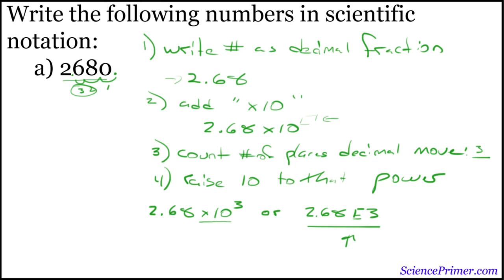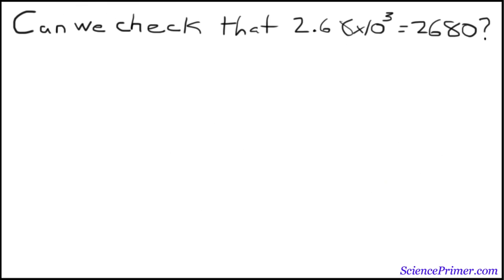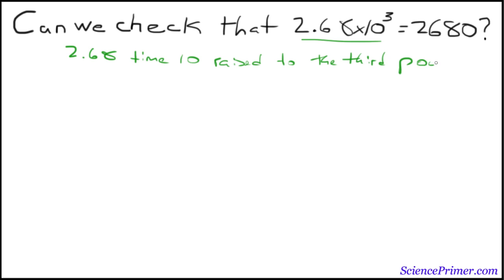Okay, before we go on to another example, I want to explore this one a little bit more and ask the question, how can we check that 2.68 times 10 to the 3 actually equals 2,680? The way we can do that is just to remember that what this means is 2.68 times 10 raised to the third power.